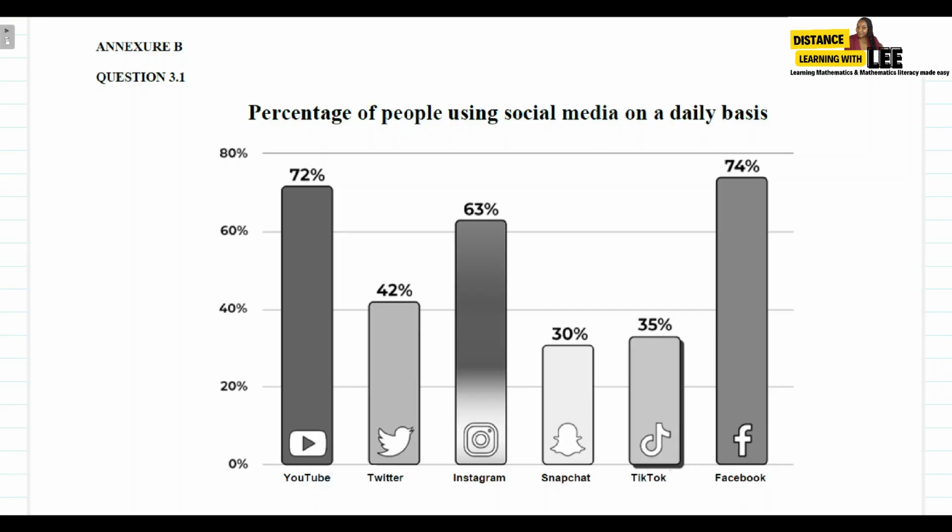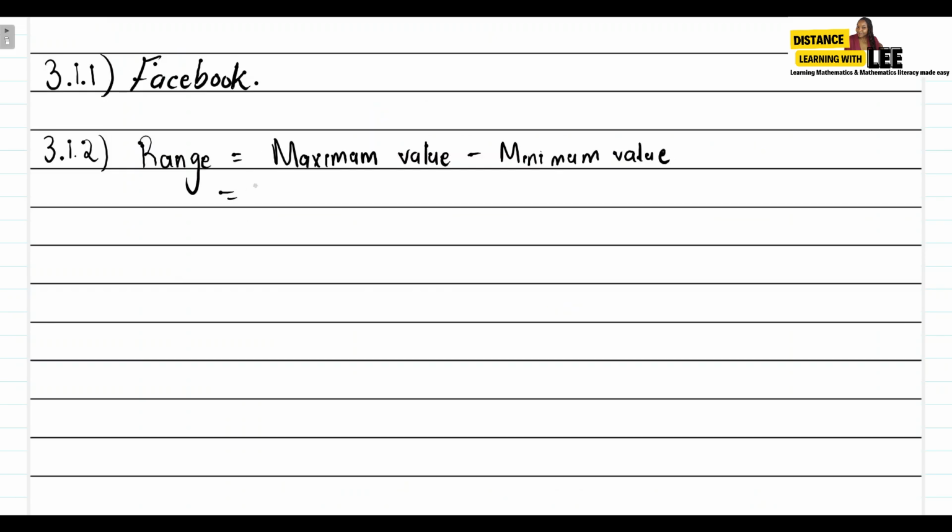We're going to take that 74%, that's our maximum, and subtract the minimum percentage, which is 30%. So our maximum percentage of 74% minus our minimum percentage of 30%: if you take 74% minus 30%, you will get 44%.